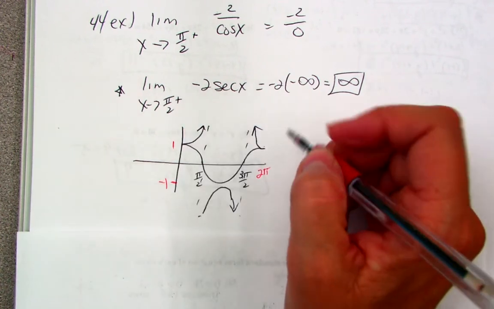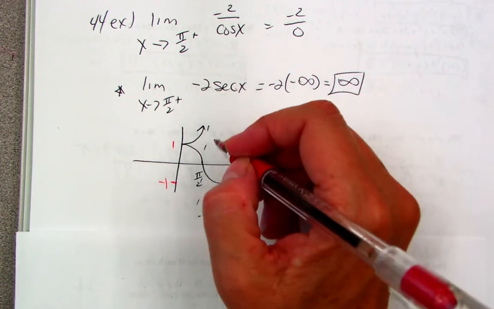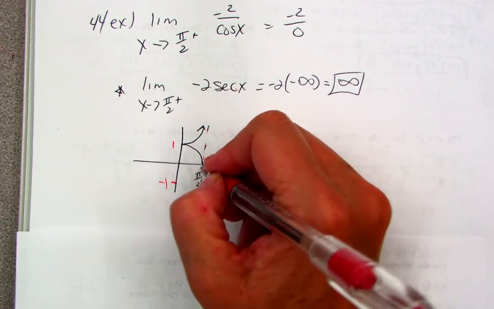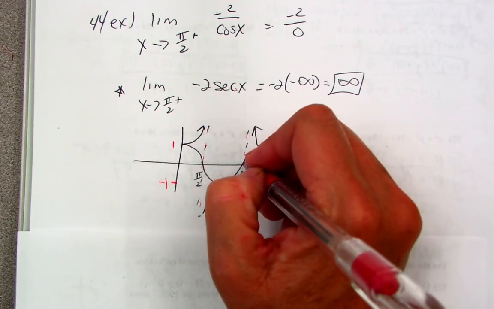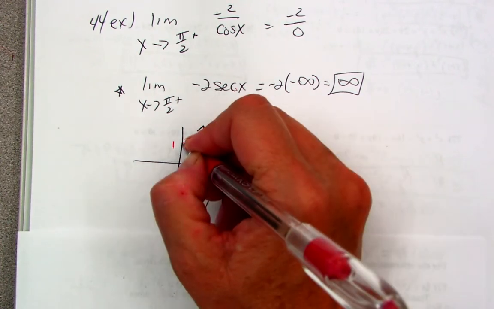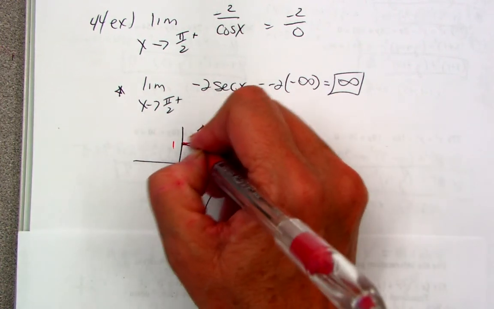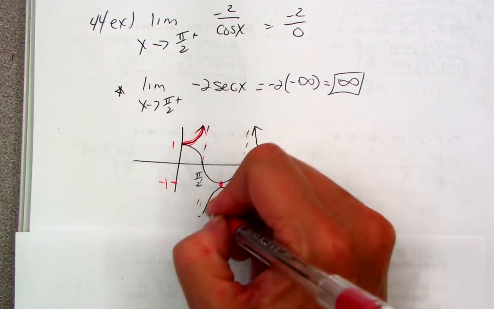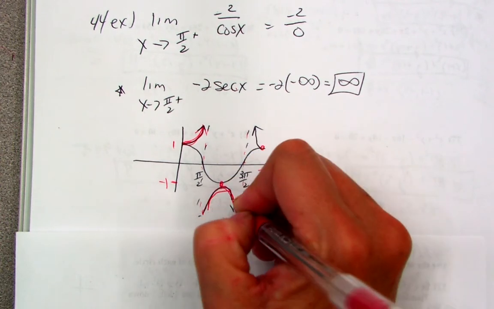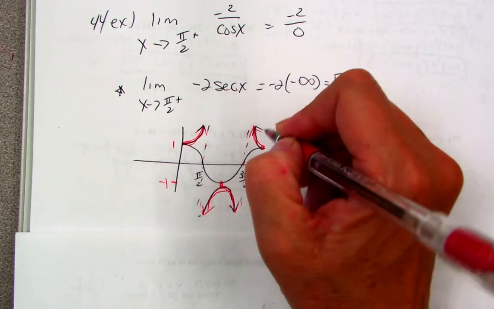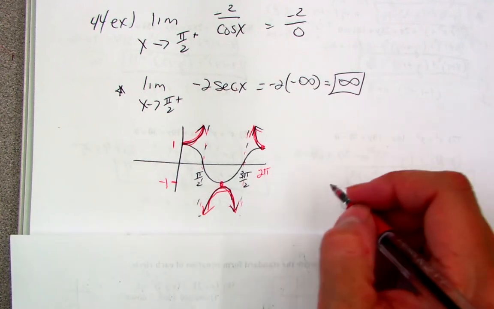And then secant is where I draw in the vertical asymptotes at pi over 2 and 3 pi over 2. They share those points. This here happens to be the secant, and this piece here is the secant, and this piece here is the secant of one period. And of course it continues.